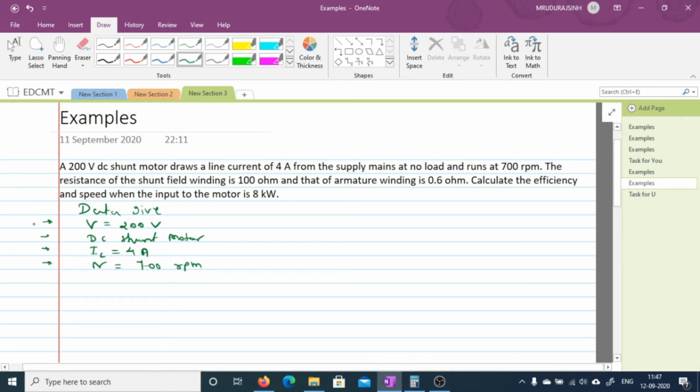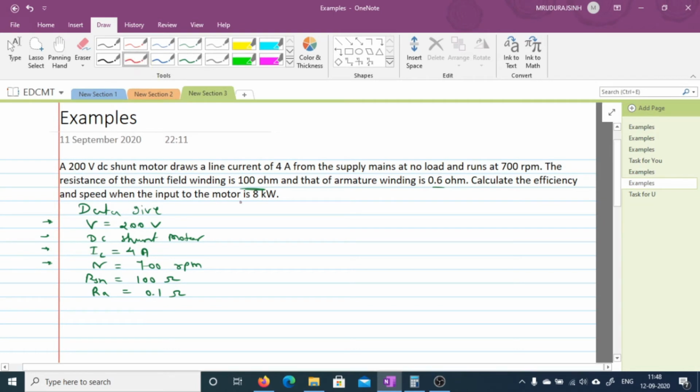The resistance of shunt field winding is 100 ohm and that of armature winding is 0.6 ohm. So the resistance of shunt field winding and armature winding is given to us. RSH is equal to 100 ohm and RA is equal to 0.1 ohm. Calculate the efficiency.